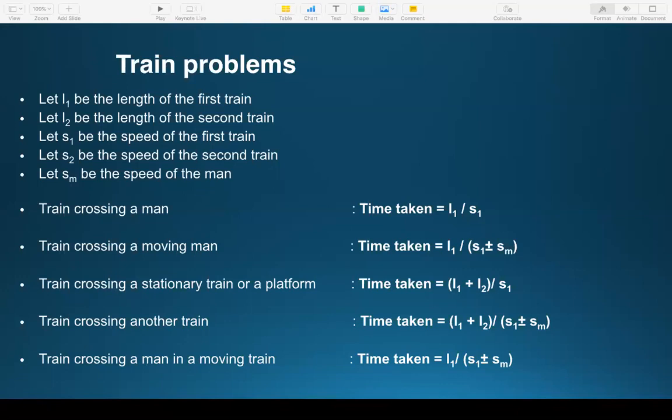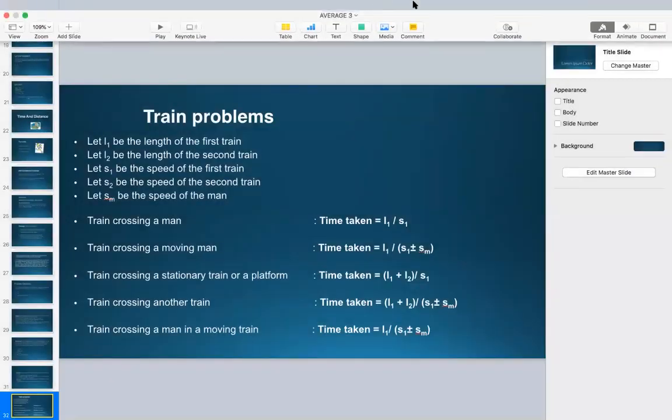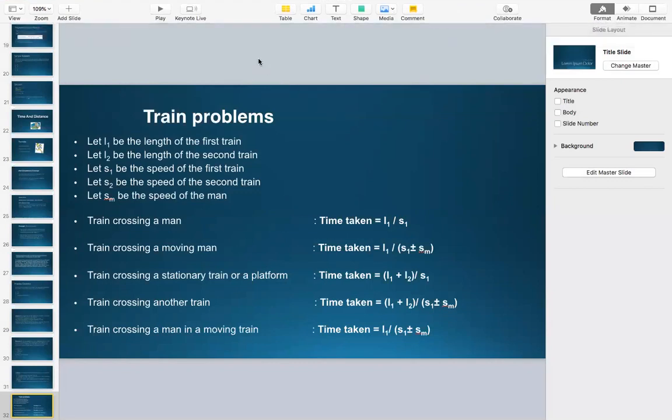So in this case also, the time taken by the train will be equal to the length of the train divided by the relative speed. So now in the denominator, the relative speed is what you need to calculate. Okay, you will have to calculate the relative speed. The relative speed will come in the denominator, and then you will be able to find out the answer for the time taken by a train to cross a moving object.